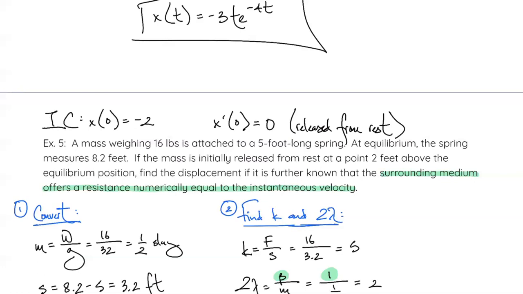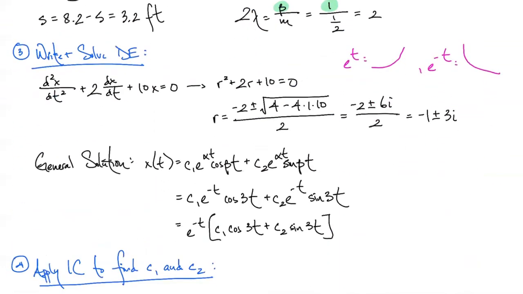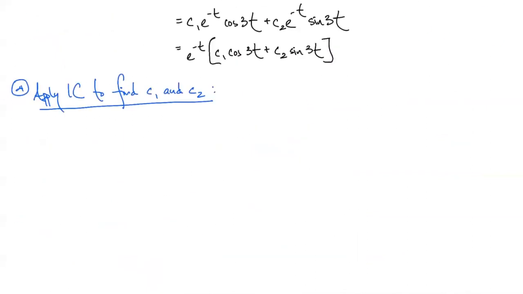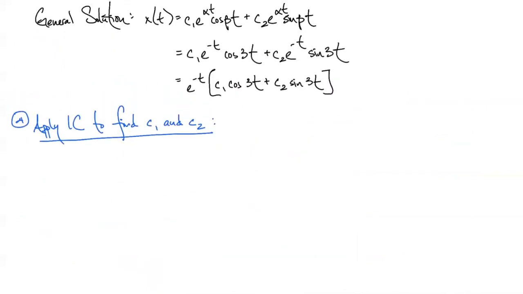Okay. And so if we go back down to our question, we can apply the first initial condition. We can say x of 0 equals -2. And that's going to give us e to the 0. We get c1 cosine of 0 plus c2 sine of 0.